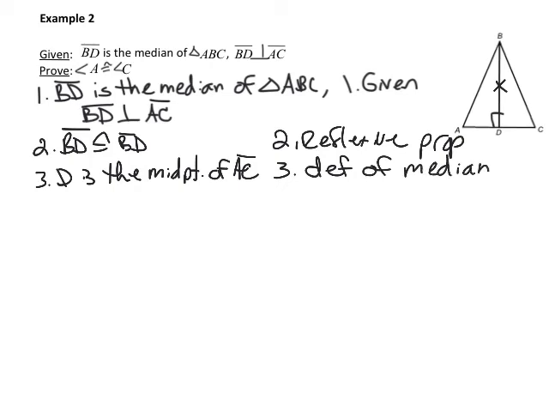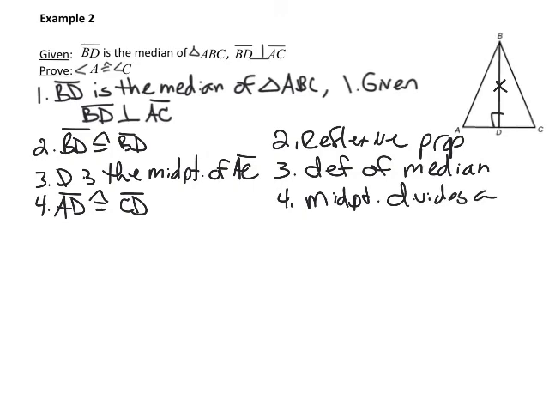Okay, now that we have a midpoint, we can say that AD is congruent to CD because a midpoint creates two congruent segments, or a midpoint divides a segment in half. So I've got my other side.